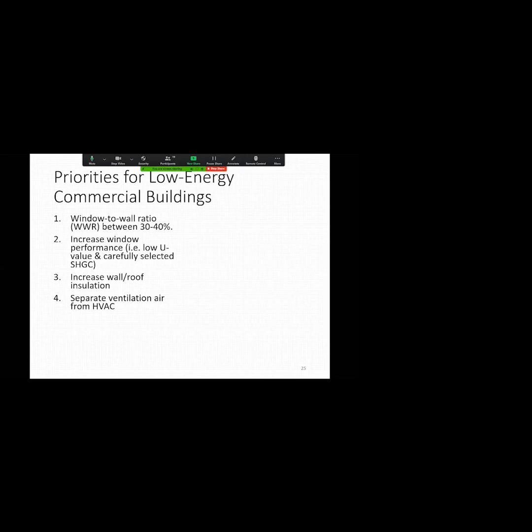And so we want to also separate ventilation air from HVAC. If you have a room that doesn't have that many people in it, there's not that many people producing carbon dioxide, and the air might be okay in that room to keep recycling through the system to keep it at the right temperature and humidity. But then when you start running out of fresh air, then you want to introduce the ventilation.